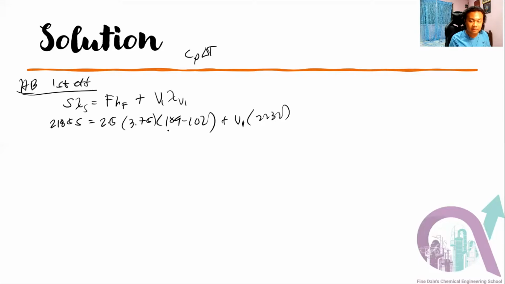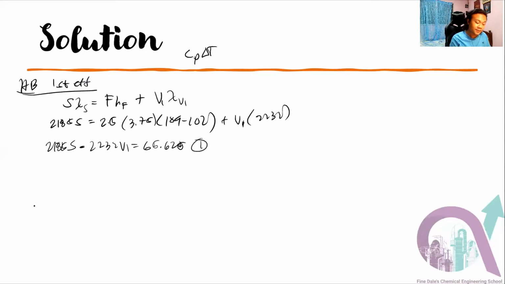This is the temperature of the feed, 102 degrees Celsius. Okay, so you have 2185 S minus 2232 V1 is equal to 65.625. So this is equation 1.